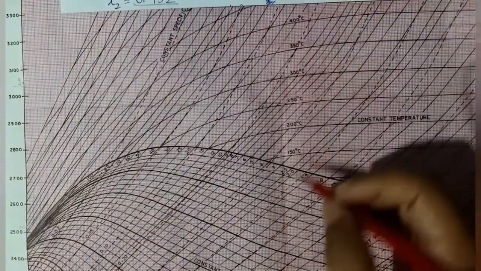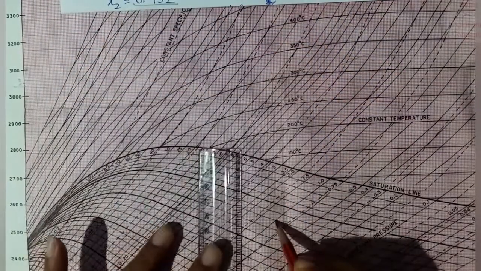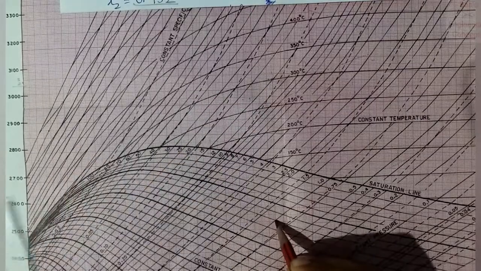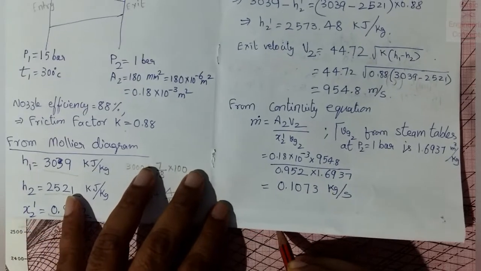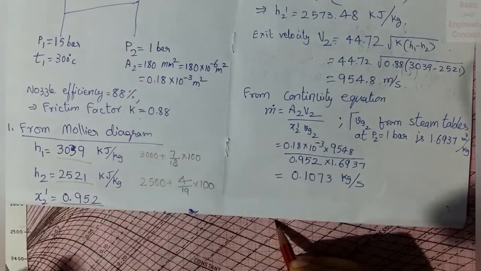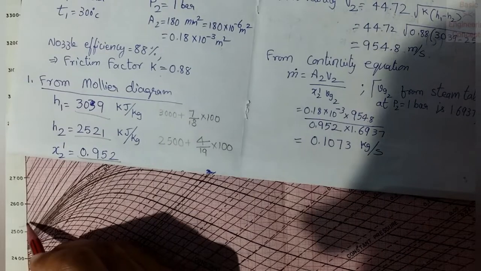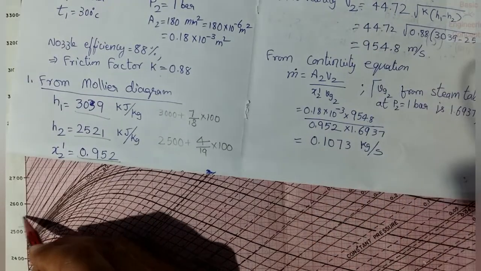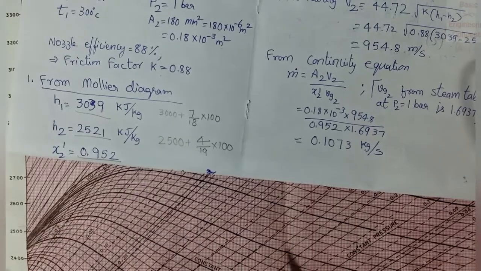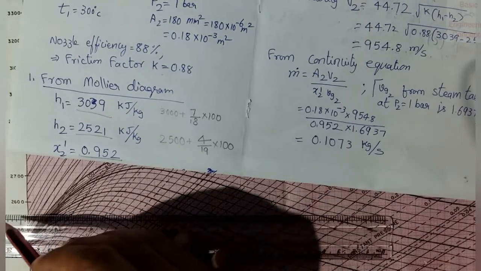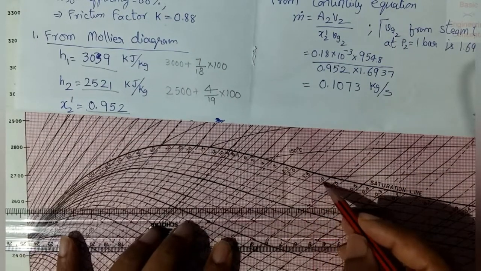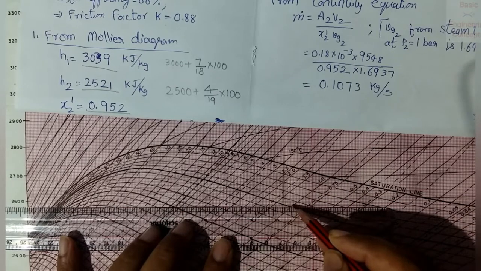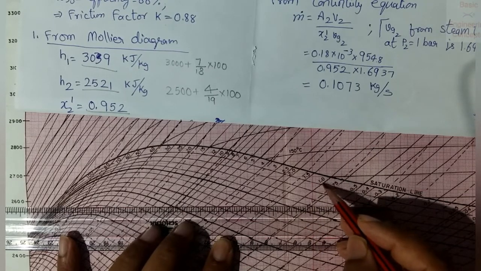So we draw a straight line, and it meets here. After that, what is the value of h2 dash? It is 2573.5. You have to plot this here, and somewhere you will get the line. From there, draw a horizontal line like this to the pressure P equal to 1 line.